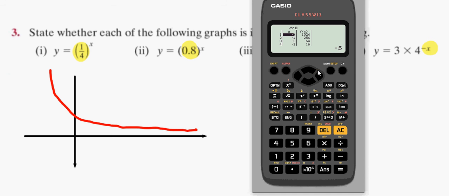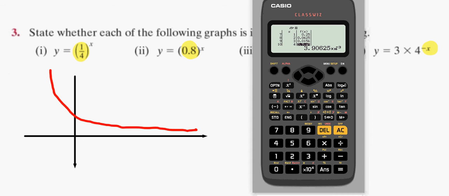We can say it gets big at -5, and then as it gets closer to an x value of 0, what happens? It gets smaller, and then it continues to get smaller, but it'll never, ever cross the x-axis.